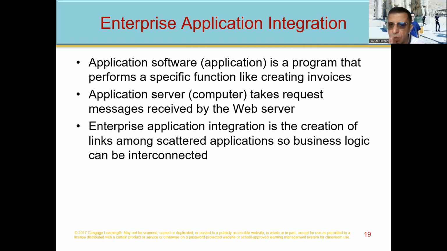The application software is a program that performs a specific function like creating an invoice. And then you have the application servers, like a computer that takes the request message received by the web server, for example. And then you have enterprise application integration, which is the creation of links among scattered applications, so the business logic can be interconnected.